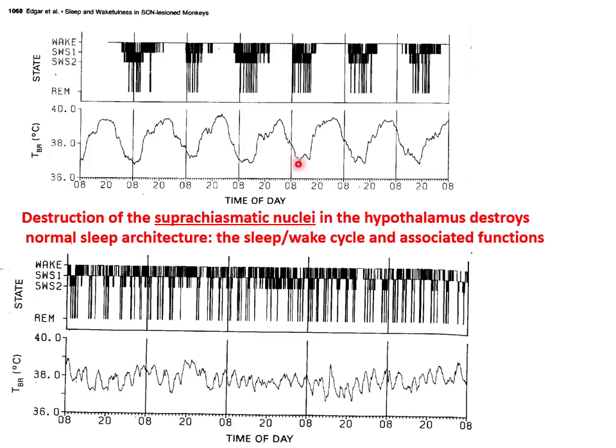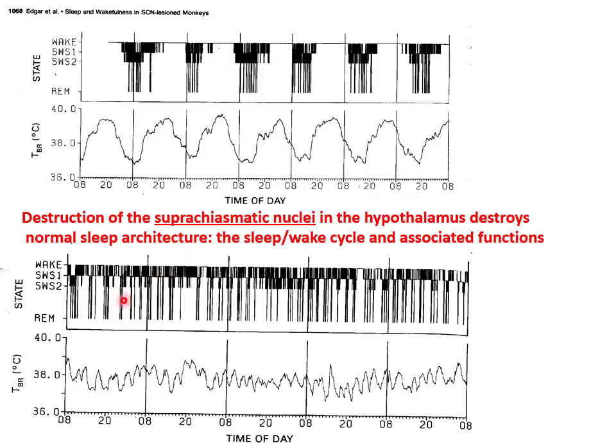That function that we've seen in a normal individual is destroyed by damage to the suprachiasmatic nucleus. The suprachiasmatic nuclei are in the hypothalamus, immediately above the chiasm, and destroying them destroys the normal sleep cycle.